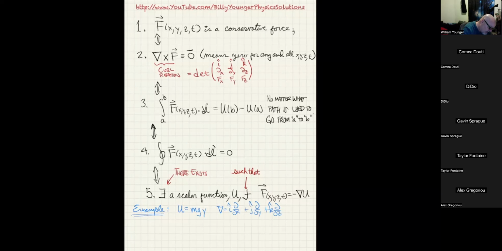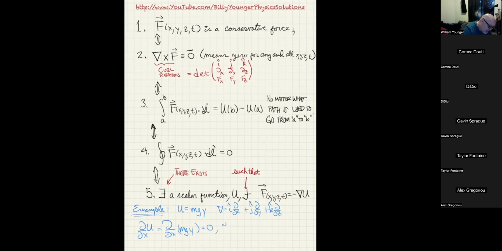So if you take the derivative of U with respect to x, that's the partial derivative with respect to x of m times g times y. So m, g, and y are all constants. So what's the derivative of a constant? Anybody? 0. 0, right?